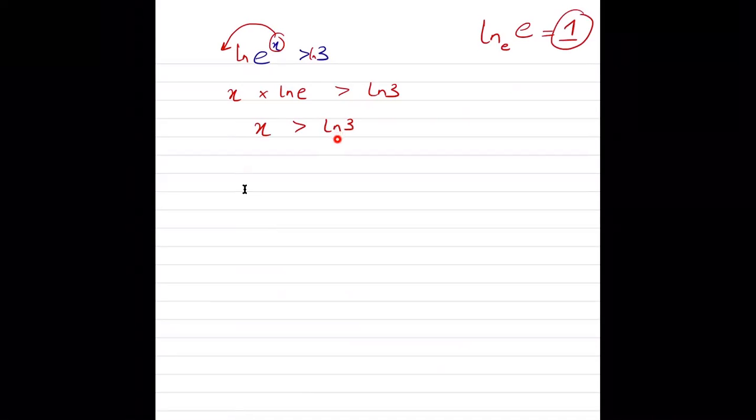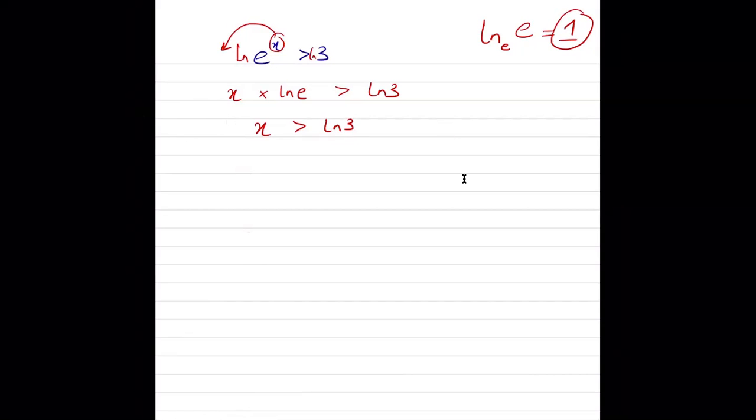If the question is asking for the exact answer, we go for that. If the question says give your answer in decimal or up to some significant figures or decimal places, then you can convert this answer. Is this logic clear? Yes, sir.